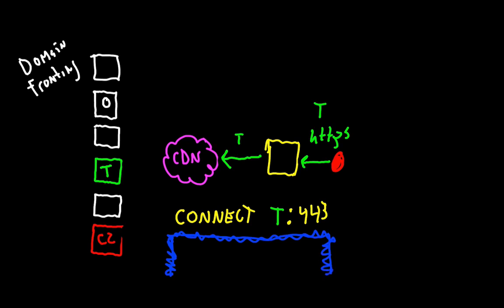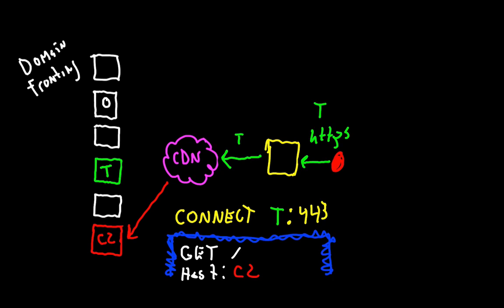And so within this kind of encrypted envelope, we are free to make our request, and we are free to specify our C2 host header, and the content delivery network will indeed route our request to the right place.